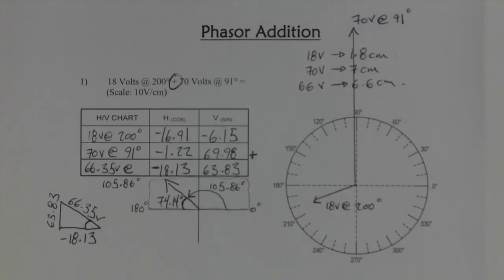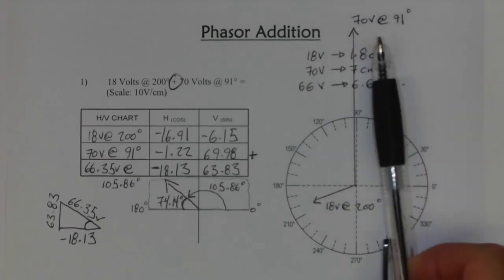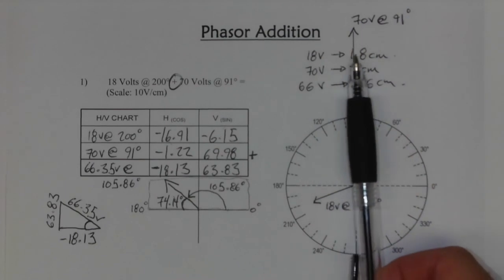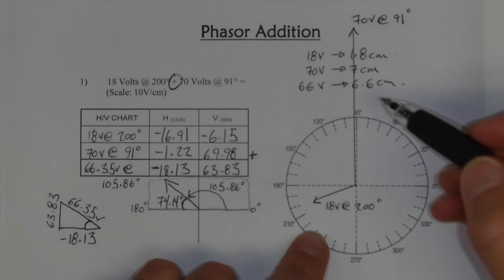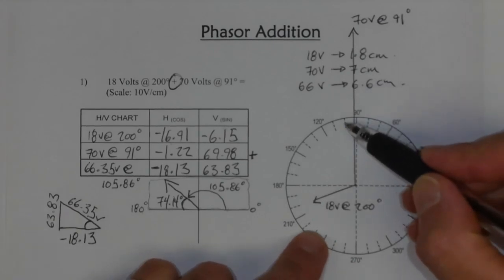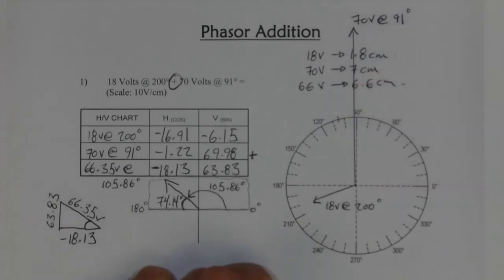Last one is the resultant phasor. And so what you can see is that the resultant phasor lands in between these two, right? And so that is 66.35 at 105.86. So kind of hard to fully guesstimate here, but 90, 100, 110. So we're kind of like halfway around there, right?